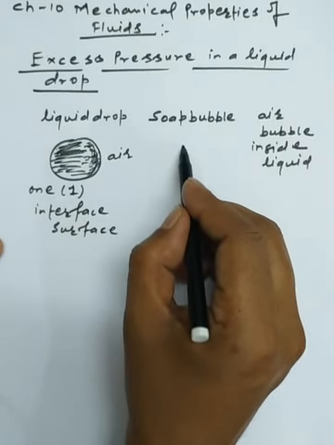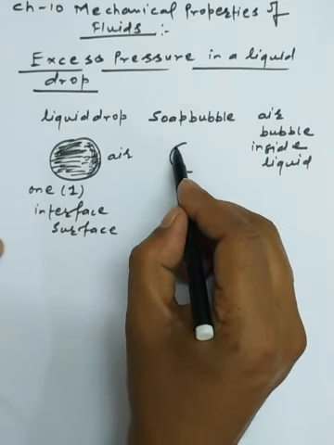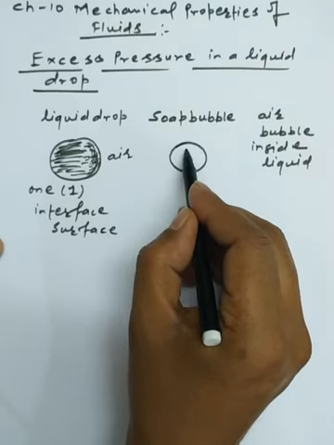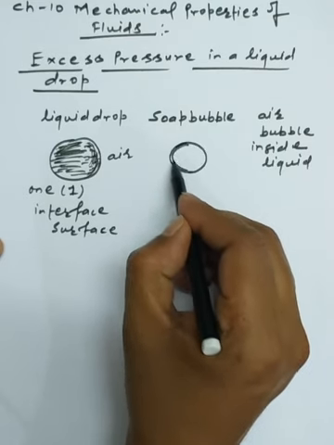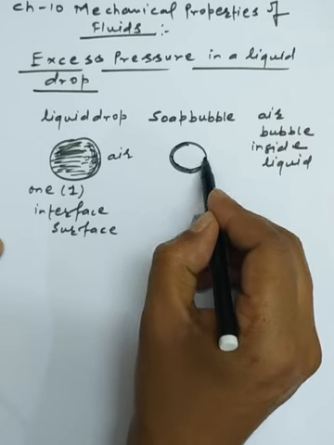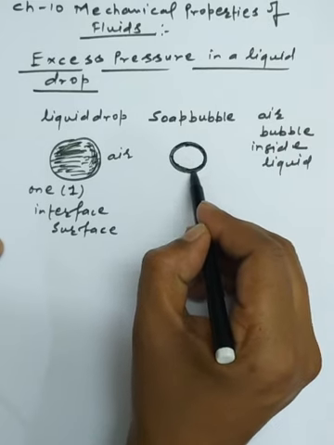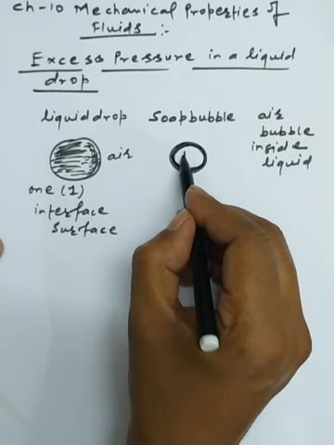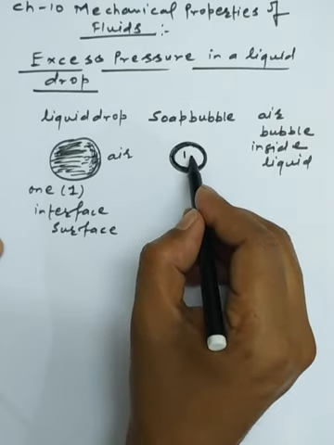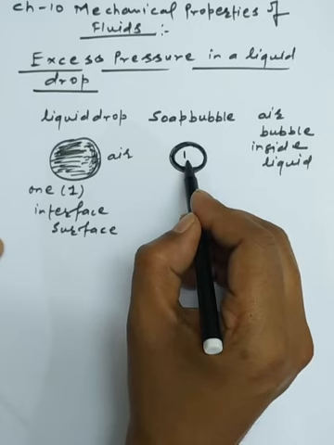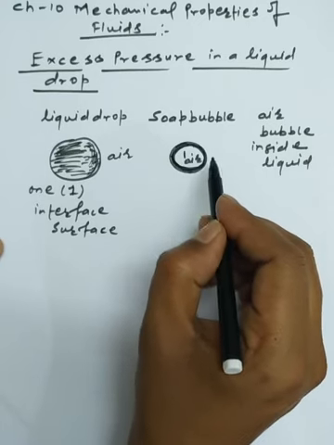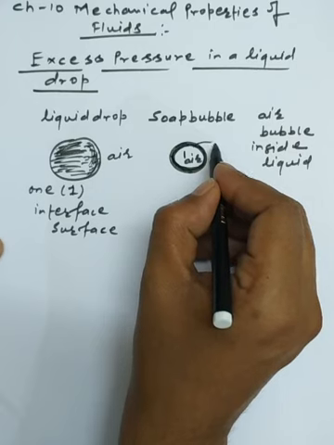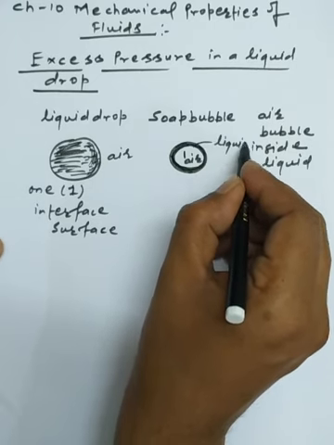Now if we are talking about the soap bubble, the formation of the soap bubble is due to the air inside the liquid. So here we have two interface surfaces. Inside the soap bubble we have the air, and this is the portion of the liquid we have.